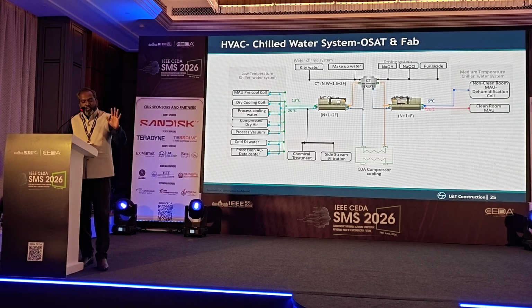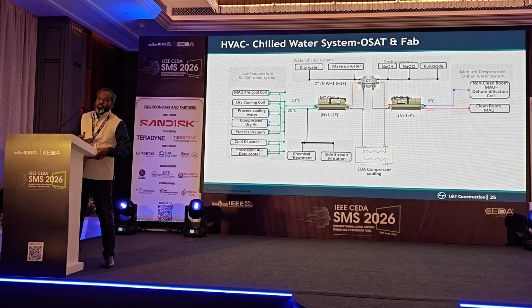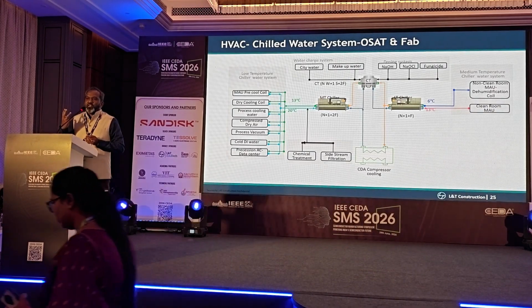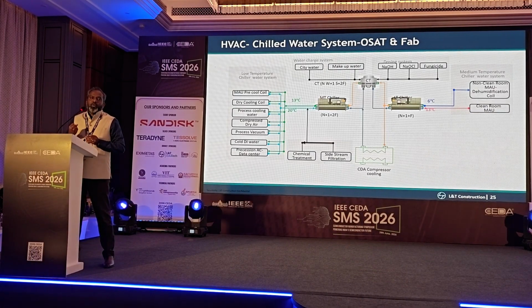The medium one meets pre-cooling, dry coil units, process cooling for the compressed air and other things. The low temperature chiller is mostly for the air coming in, which needs to be highly dry. You cannot have moisture, so to remove the moisture from the air, we use these cooling loops.